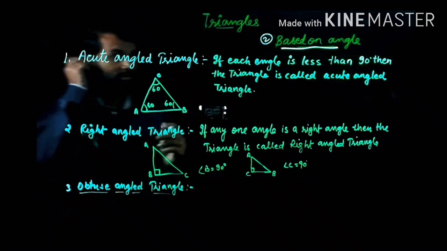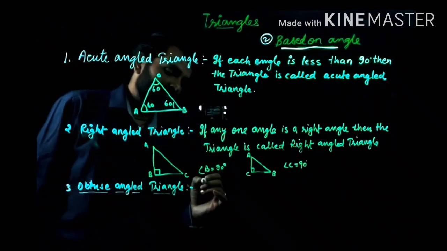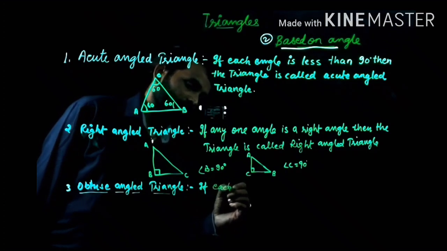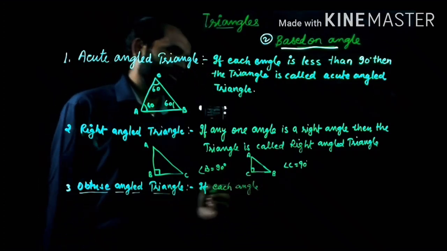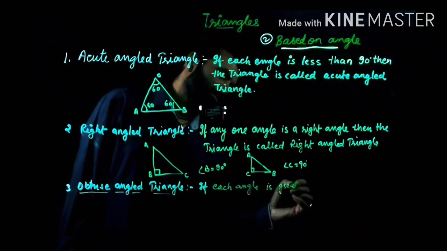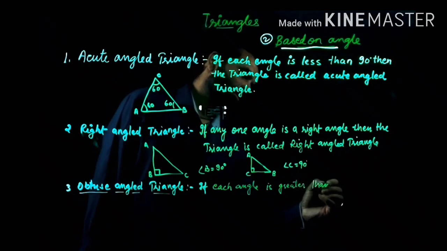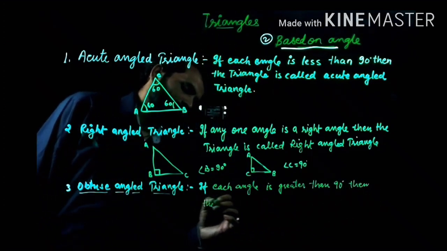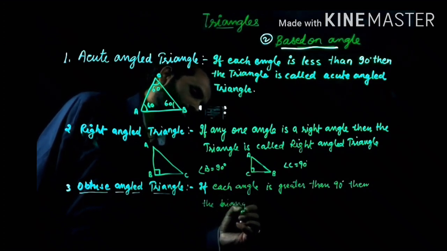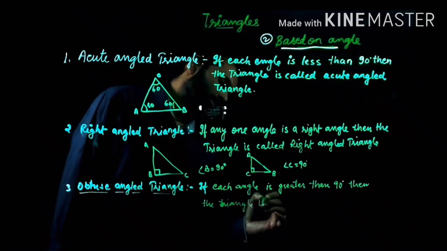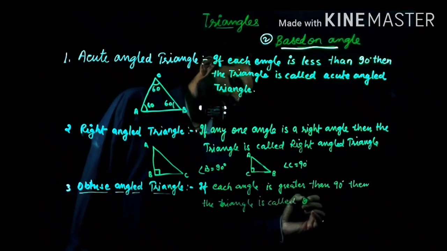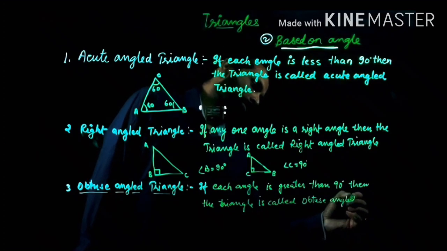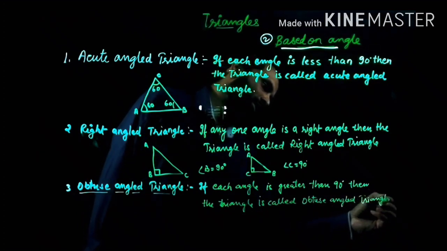Obtuse angle triangle is the opposite of acute angle. If any angle is greater than 90, then the triangle is called an obtuse angle triangle. Okay, this completes the names of the triangles.